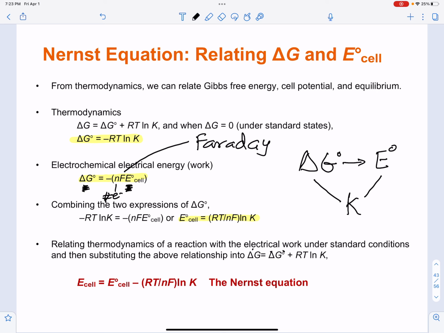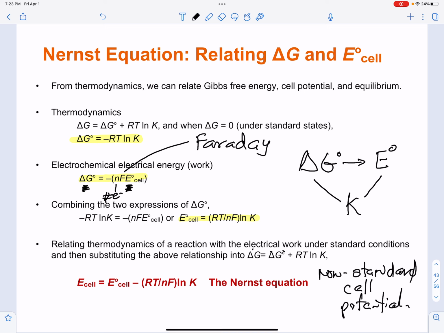So when we combine all that, we come up with the one that I promised you earlier, the non-standard cell potential.